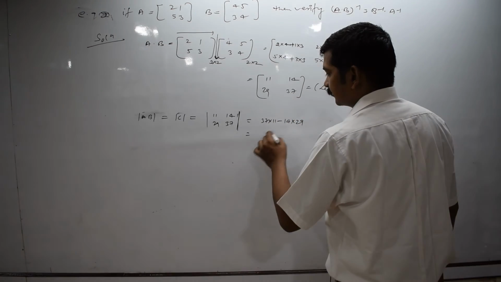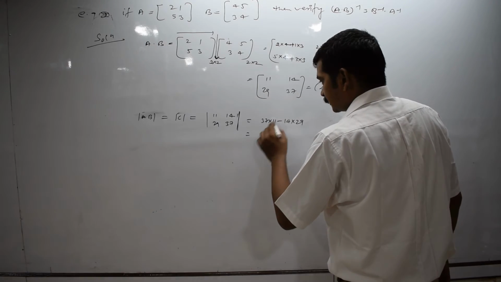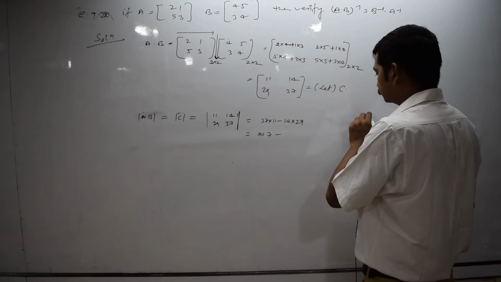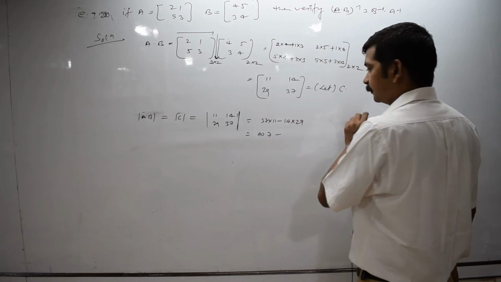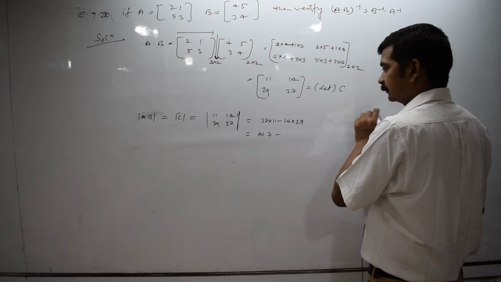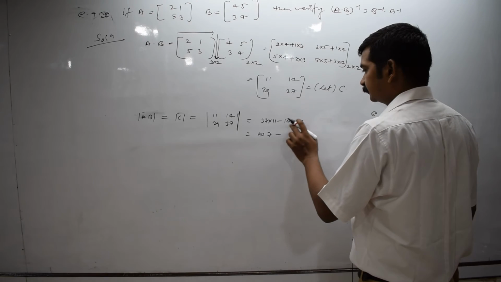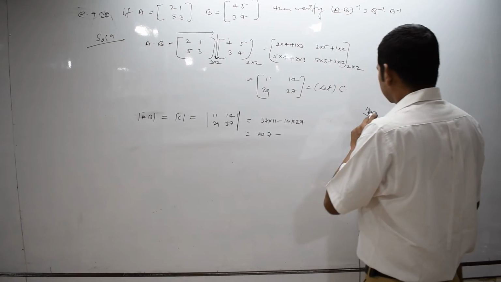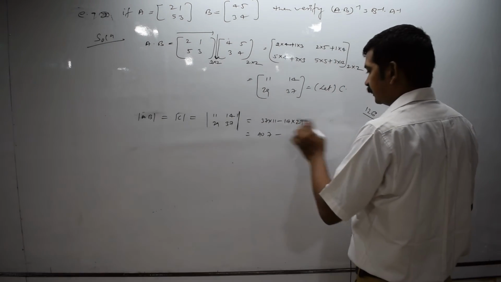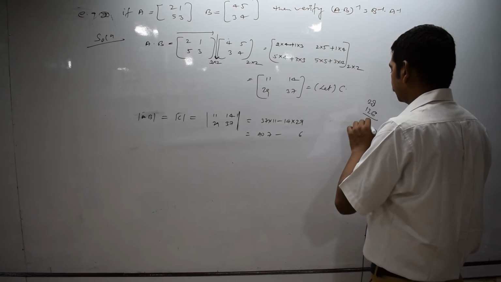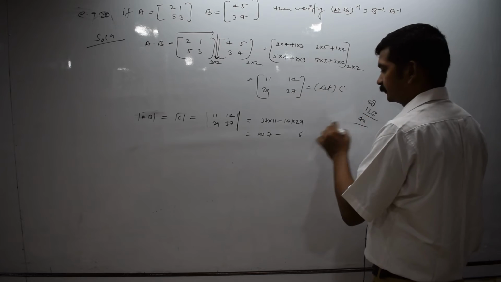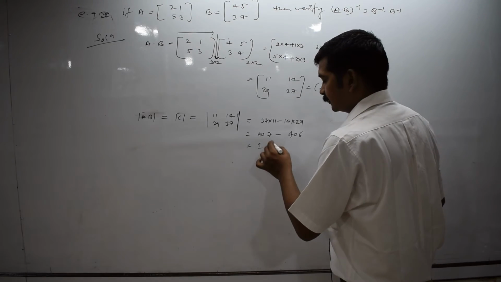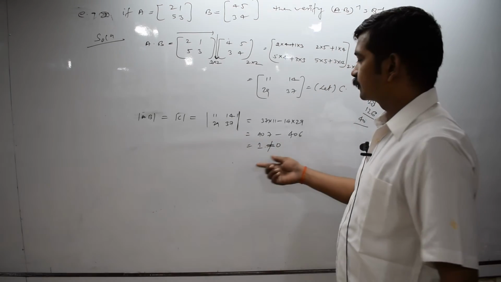So, this will be 407 minus 406, which equals 1, which does not equal 0. So AB is also a non-singular matrix.